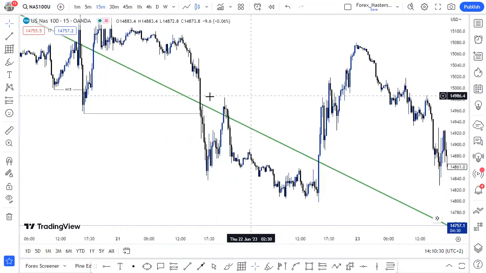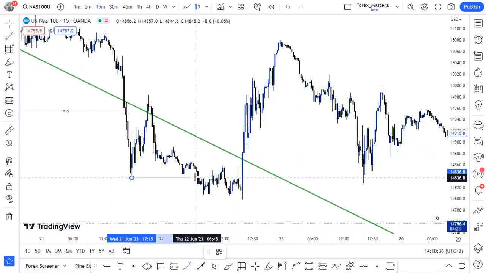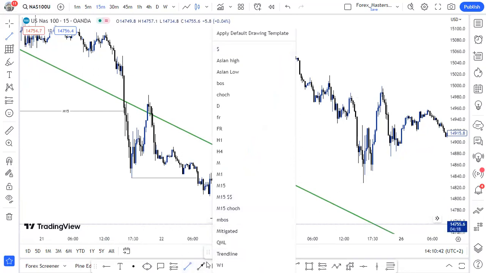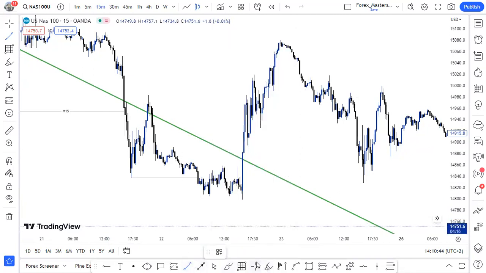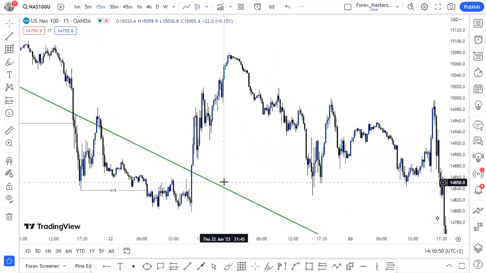And you can just see, just following structure. Okay, again, broke structure to the downside. And then, okay, broke structure to the downside.